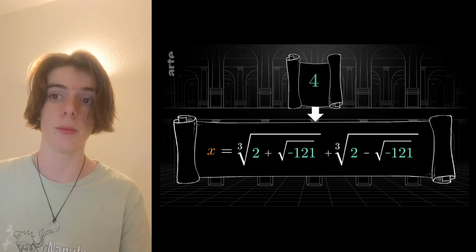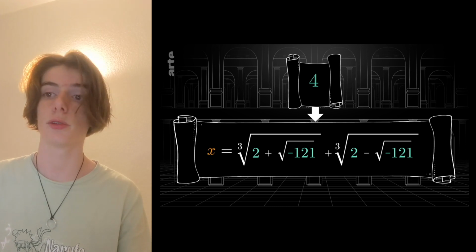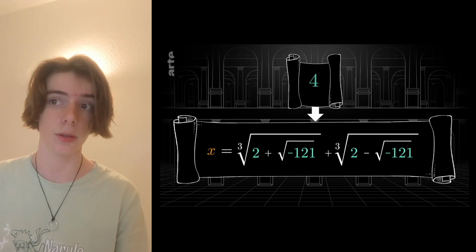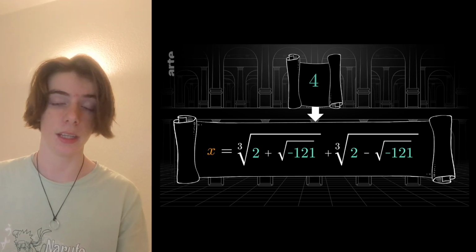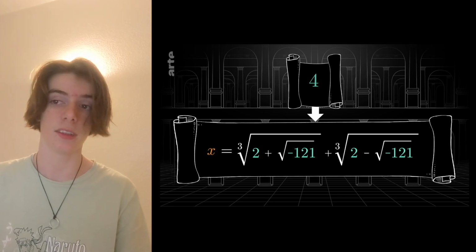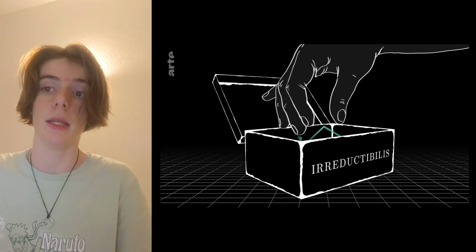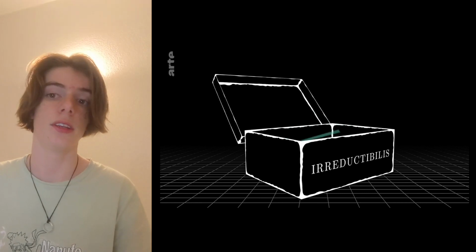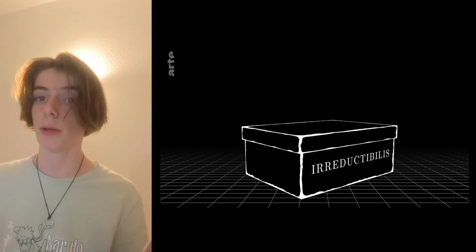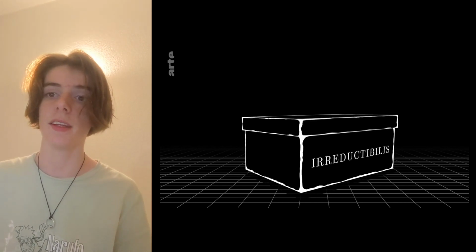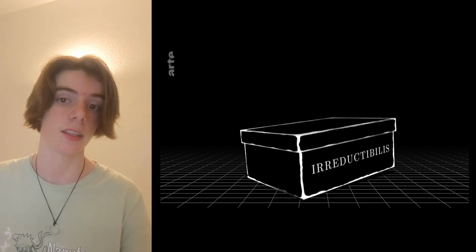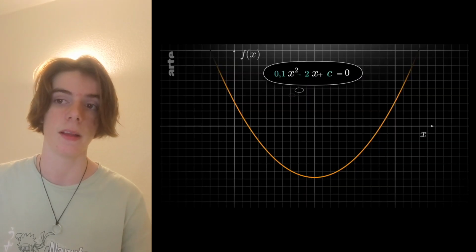However, the problem is that there is a square root of a negative number, but the square root of a negative number simply does not exist. So he put this type of equation under the state of casus irreducibilis, the irreducible case, like impossible things to resolve.